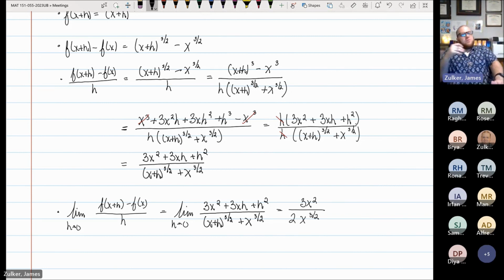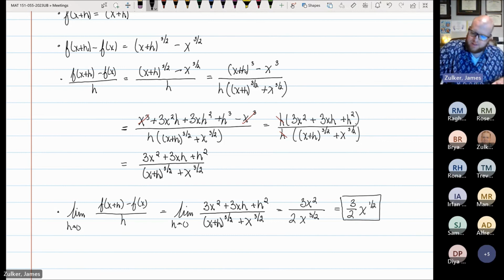We get 3x squared over 2x to the 3/2, which simplifies to 3/2 x to the 1/2.